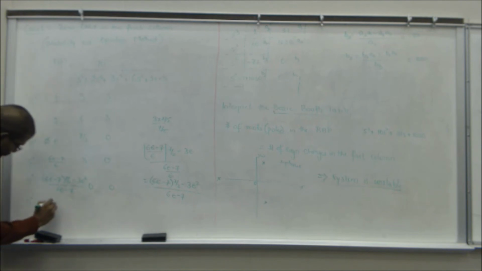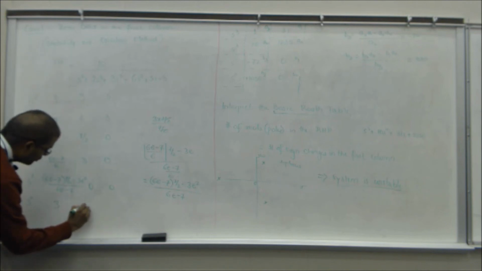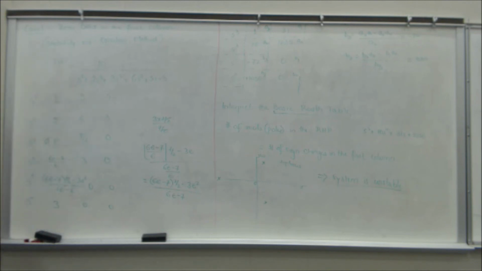It's 3. See, whenever you encounter a 0 here, so what is this? This into this over this, right? So this whole thing cancels out. So it's only 3. Okay? You have 3, 0, and 0. Right?